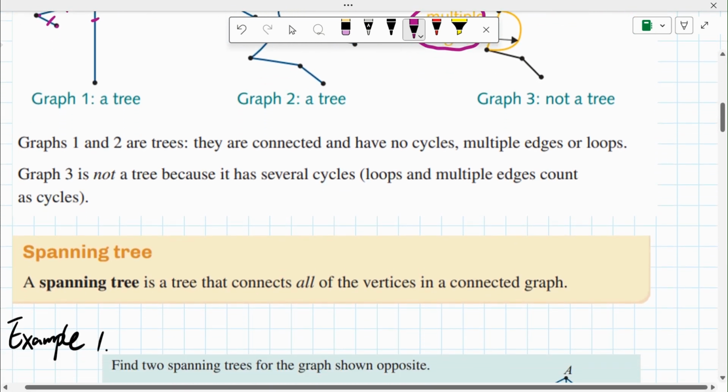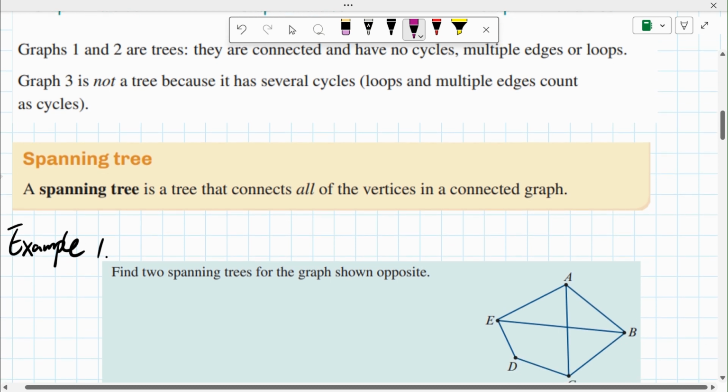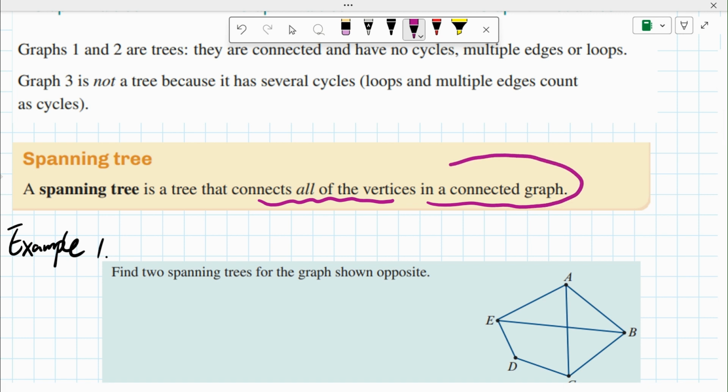A spanning tree is a tree that connects all of the vertices in a connected graph.